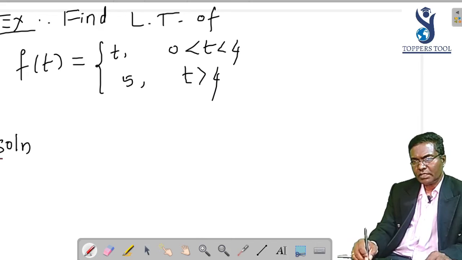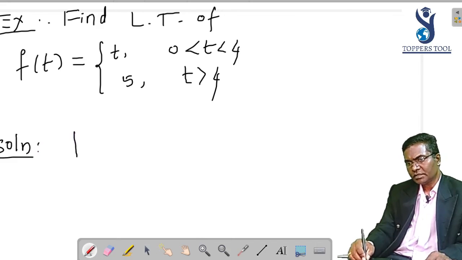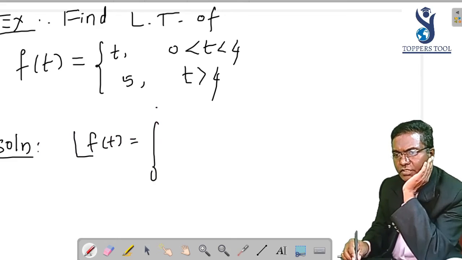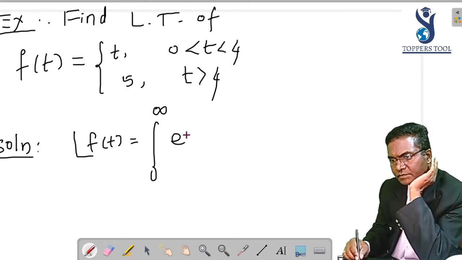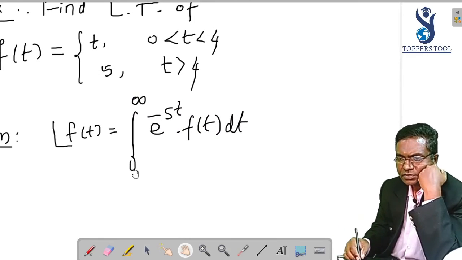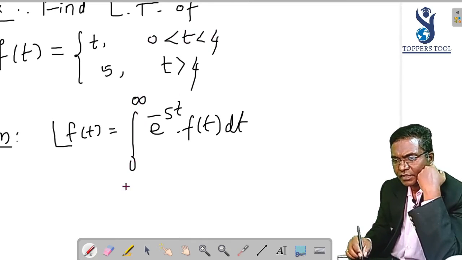So as usual, L of f of t can be written as integration 0 to infinity e power minus st into f of t dt. This is your basic definition of Laplace transform. Now you have to split this 0 to infinity into 0 to 4 and 4 to infinity.